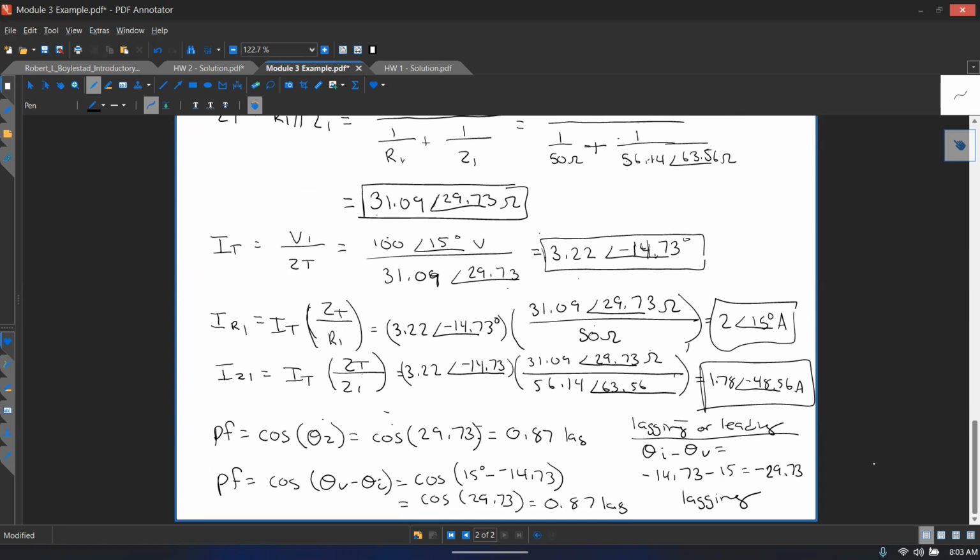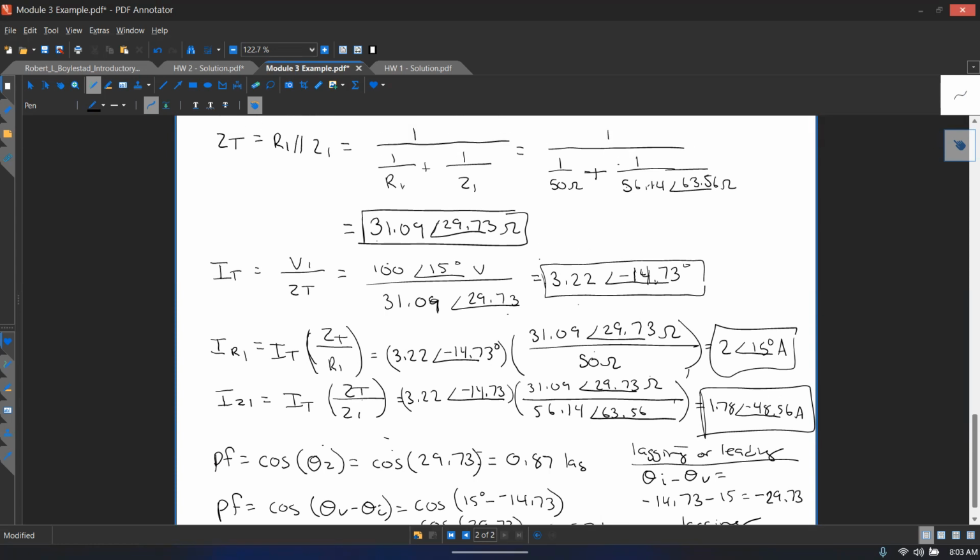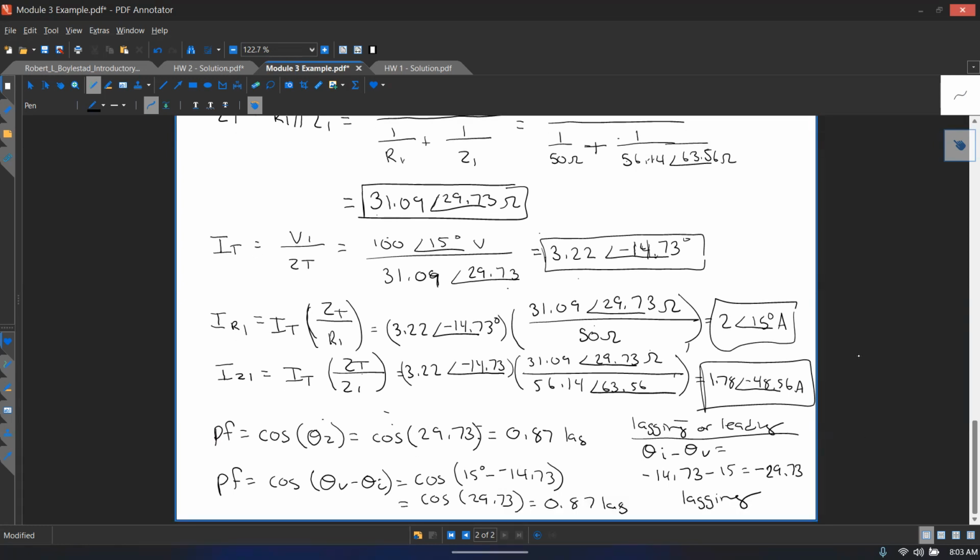All right, so we're going to use the same methodology that we used before to determine the power factor and whether it's lagging or leading. For the power factor, you can use the phase angle from your total impedance, which is 29.73 degrees, and so we get 0.87.